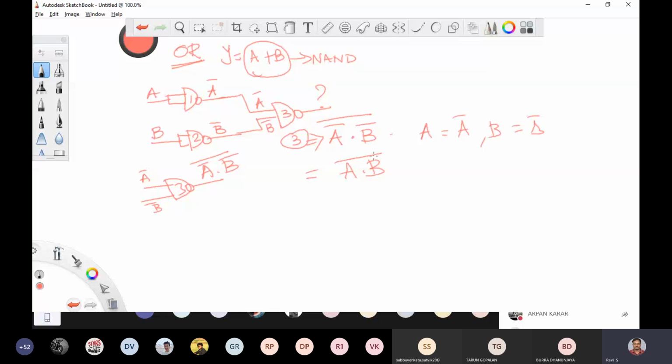According to De Morgan, you can write this expression as A bar plus B bar, where A is equal to A bar and B is equal to B bar. So you'll get A double bar plus B double bar. Any doubt?